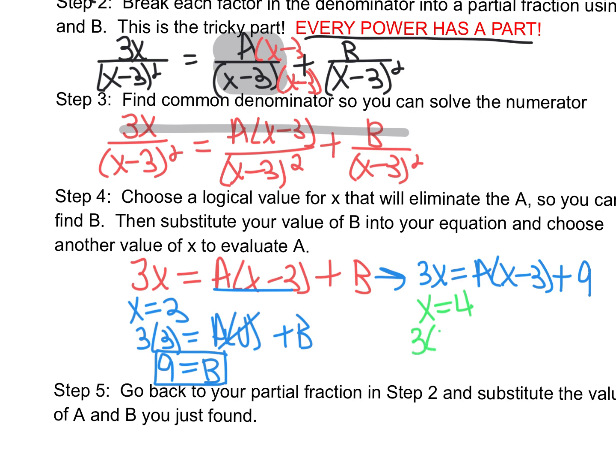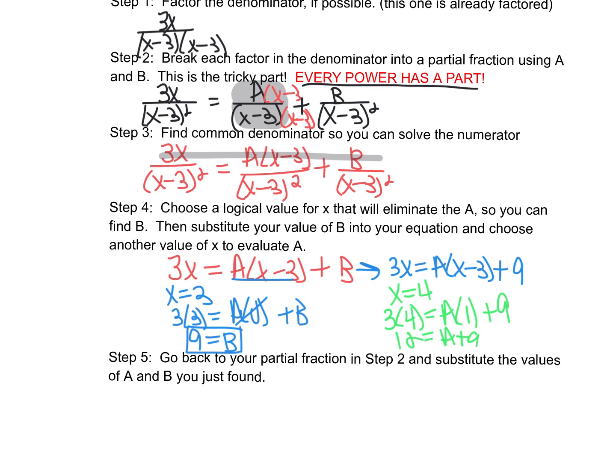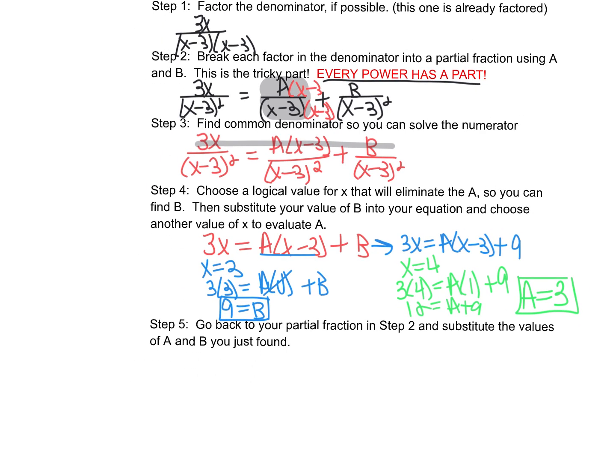You will always get the same thing as me. So I'd have 3 times 4 equals a times 4 minus 3, which is 1. That's why I chose 4, because it was a nice 1 as a coefficient, plus 9. So then I have 12 equals a plus 9. So my a value is going to equal 3. Again, if you chose a different value for x, you would still get that a equals 3.